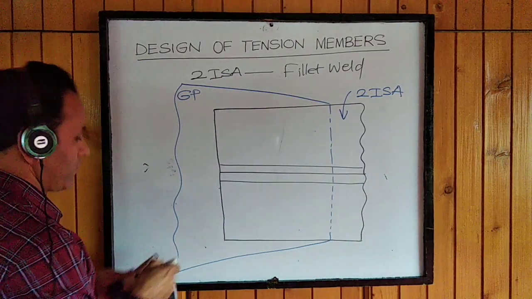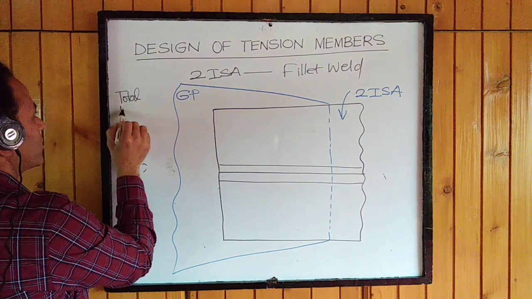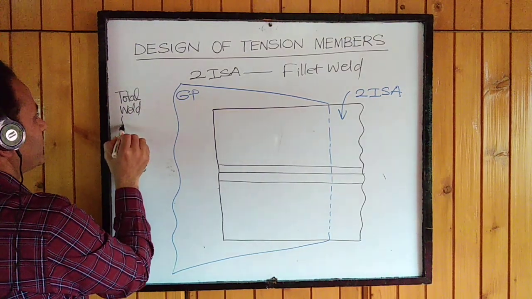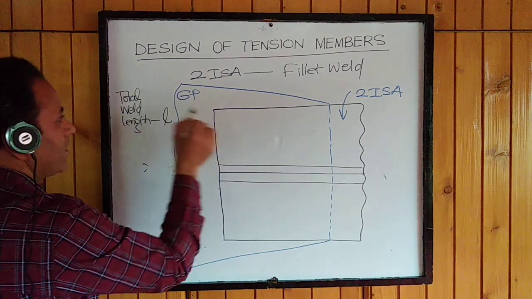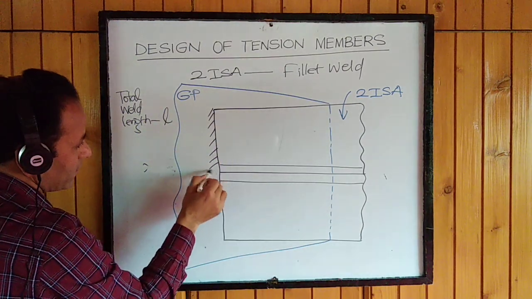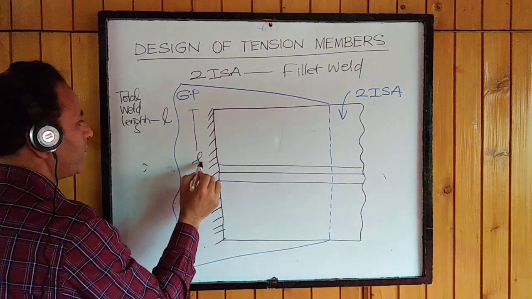So we will be having the total weld length required, or the effective weld length required, L. Now our provision will be something like this. This will be L1 now.